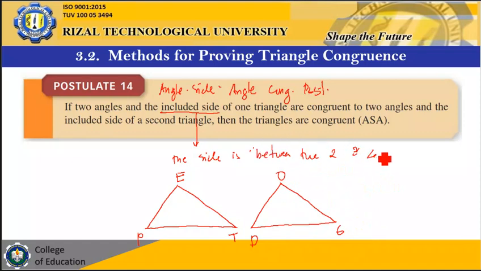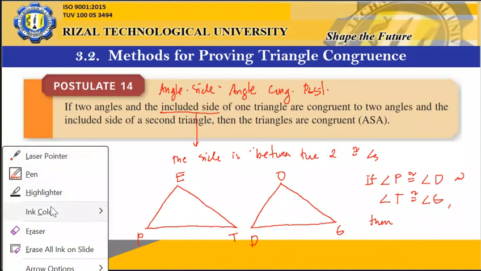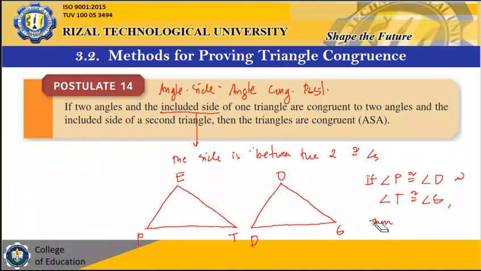Okay, so according to the given postulate, let's say angle P is congruent to angle D, because angle P corresponds to angle D, and let's say angle T is congruent to angle G, because angle T corresponds to angle G. Before we proceed with the conclusion, we are still missing another part.